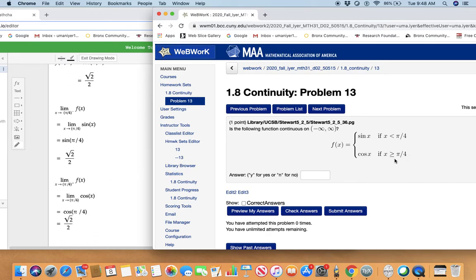Likewise, coming from the right, you're going to use this rule that gets you again root 2 over 2. So the value is equal to the limit. So this is continuous. Sine is continuous throughout, cosine is continuous throughout. So we have to worry about the piecewise defined feature only at the cut point, and it is continuous. So we are fine.